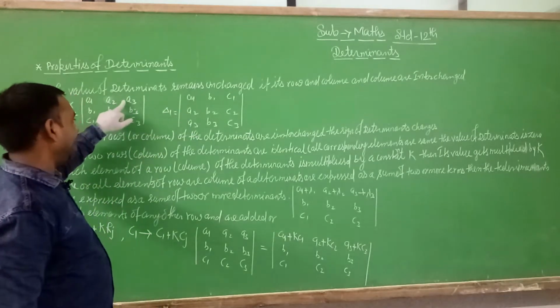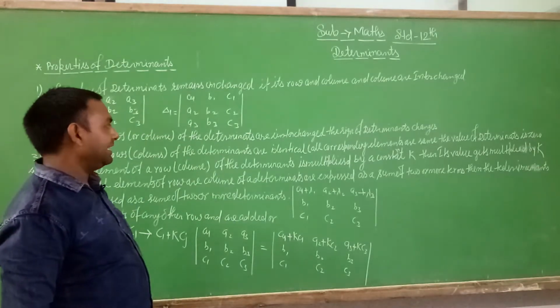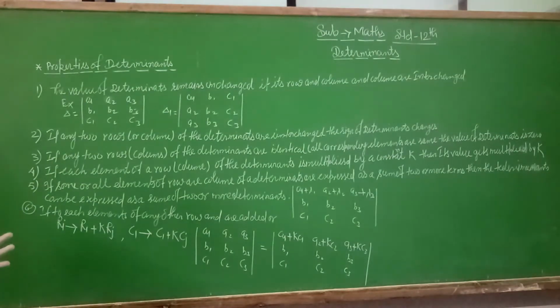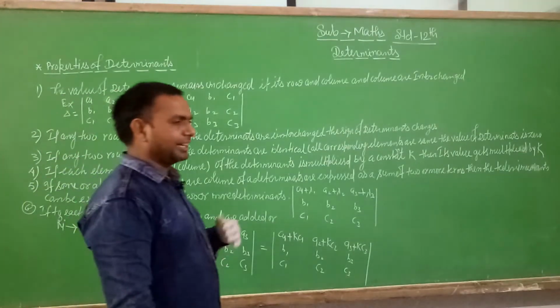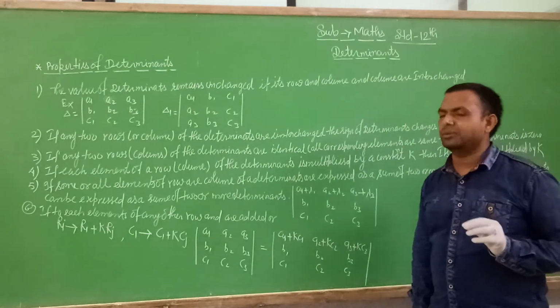The third column is A3, B3, C3, and the third row is A3, B3, C3. So if you interchange all the rows and columns, there is no change in the value of the determinant.